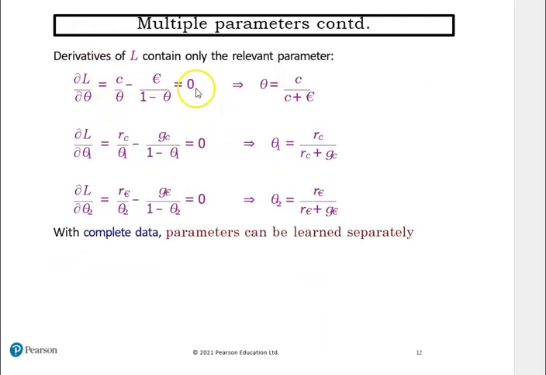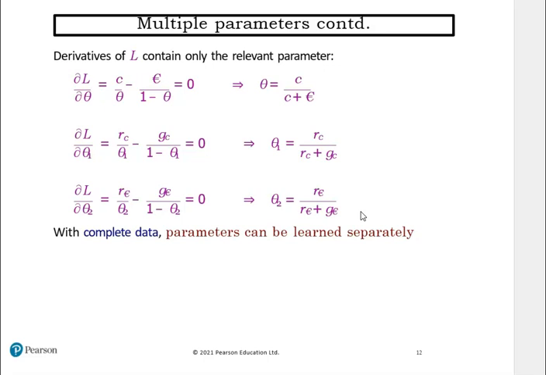Okay, so we take the three derivatives, and here also we can still solve the problem exactly using algebra. We don't need to use any numerical approximation. We find that theta is C over C plus L, and theta 1 is red wrapped cherries over the total number of cherries observed, and theta 2 is red wrapped lime candies over the total number of lime candies we observed.